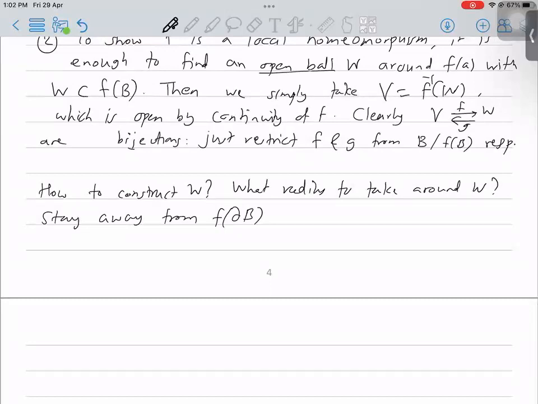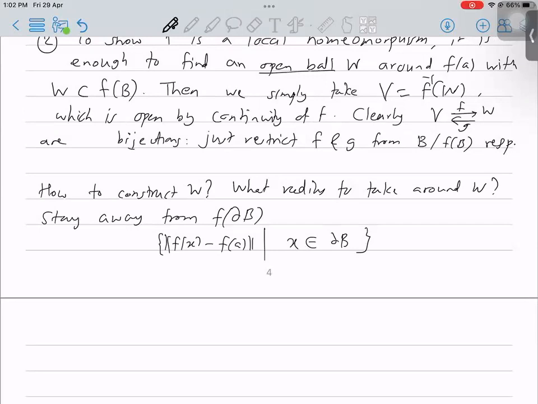So let us look at the function f of x minus f of a, where x ranges over the boundary. That's precisely what I'm looking at, right? I'm looking at all the points on the boundary of this ball B, seeing where they go, and looking at how far they are from f of A.